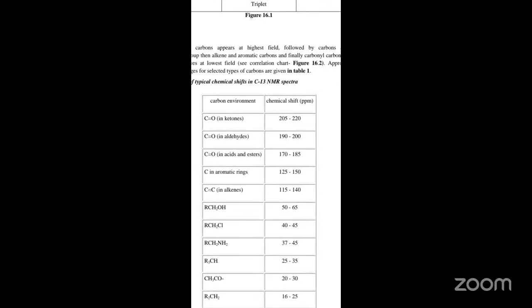And various functional groups show different delta values. We can see here the ketones. The ketones appear in the range of 205 to 220 delta values here.